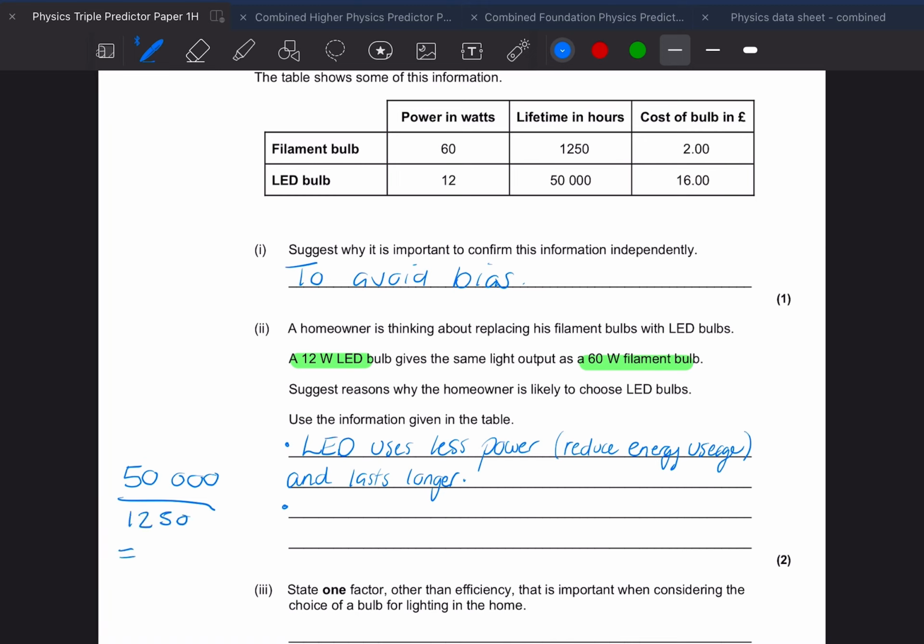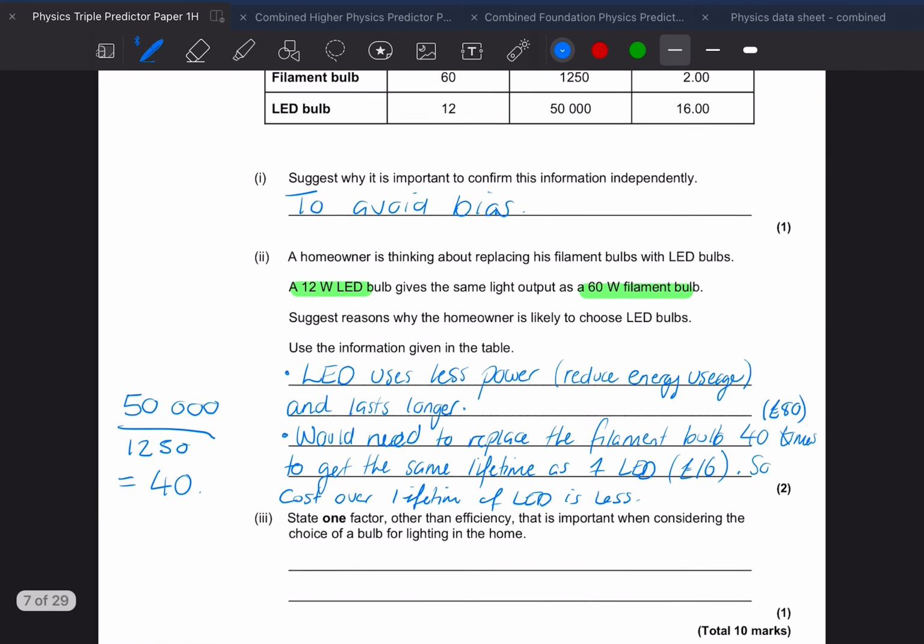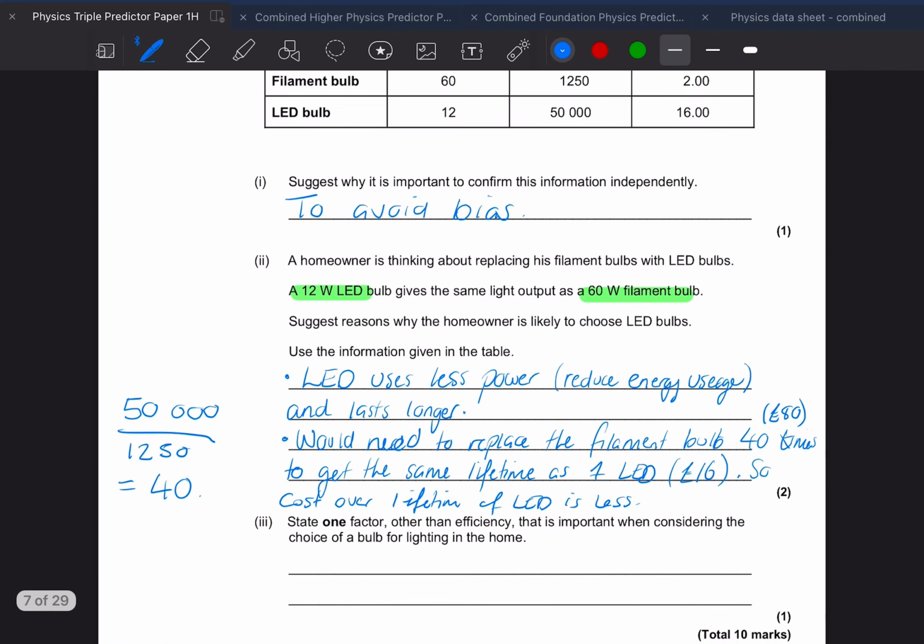Okay. So one factor other than efficiency that is important when considering the choice of bulb for lighting in the home. All right, so we can't talk about anything from the table. We're just going to use our knowledge of filament bulbs and LEDs. Well, I have LEDs in my house, and the whole point of an LED is that it wastes less energy, so less energy is converted into heat.